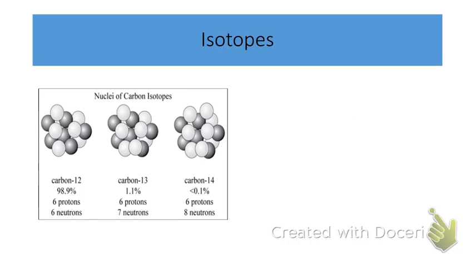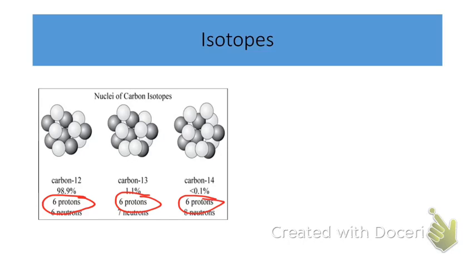Here are 3 different isotopes of carbon. Now, they are all carbon atoms. Why do we know they're carbon atoms? Because they have 6 protons, every one of them. And as long as you have an atom with 6 protons, they are carbon atoms.